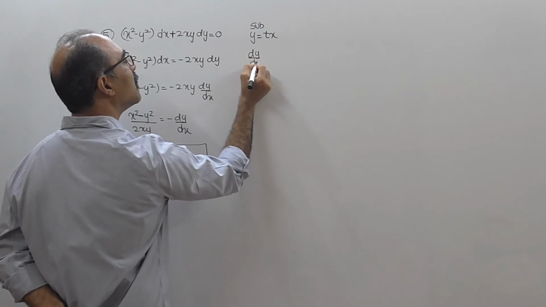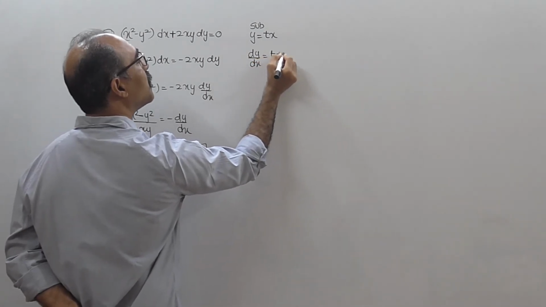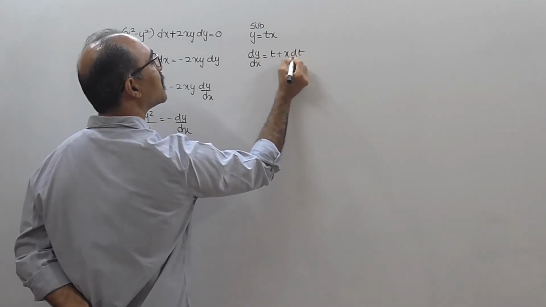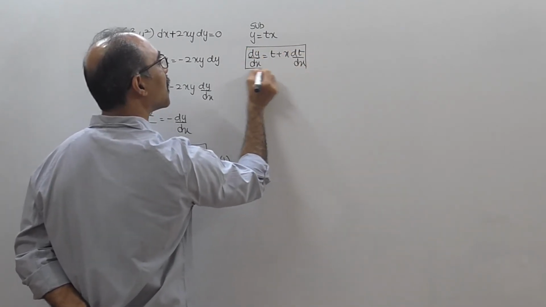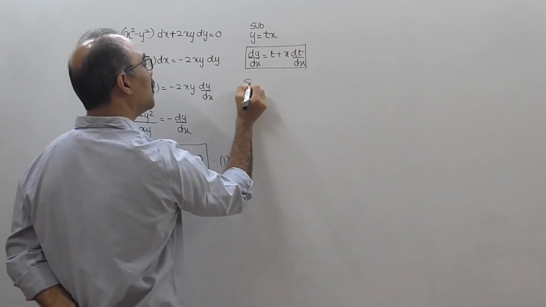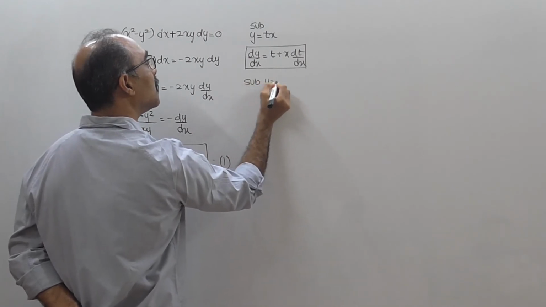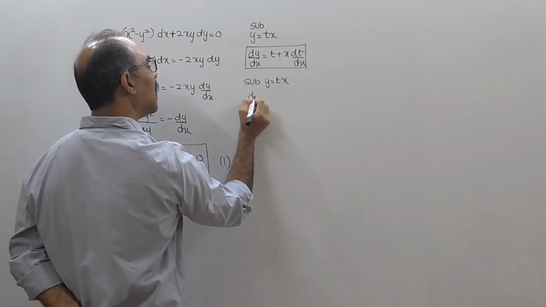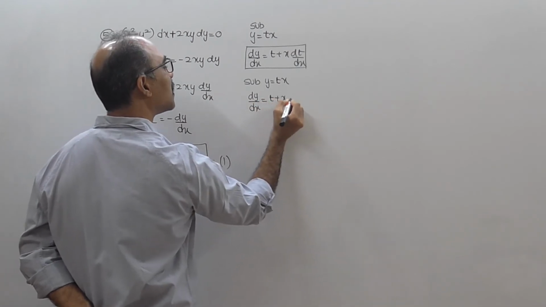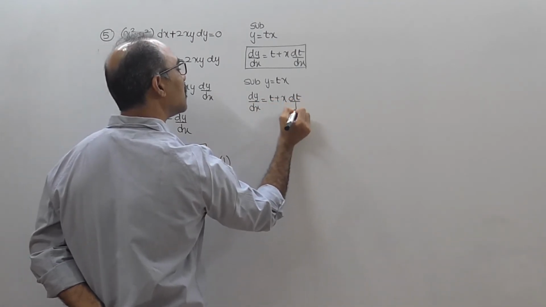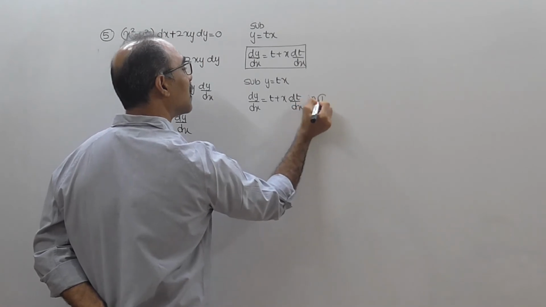So we get dy by dx equal to t plus x dt by dx. Refer to the previous question where I have shown you how to differentiate. Okay, so now what we will do is we will substitute y equal to tx and dy by dx equal to t plus x dt by dx in 1.